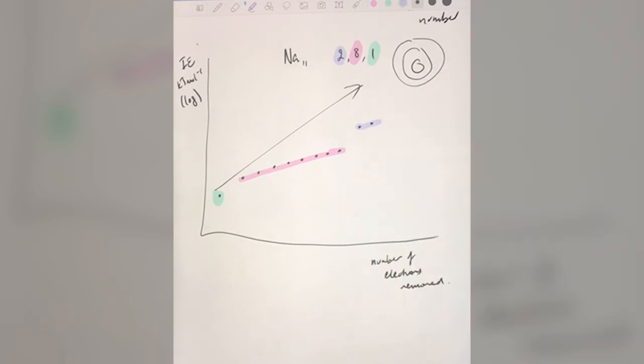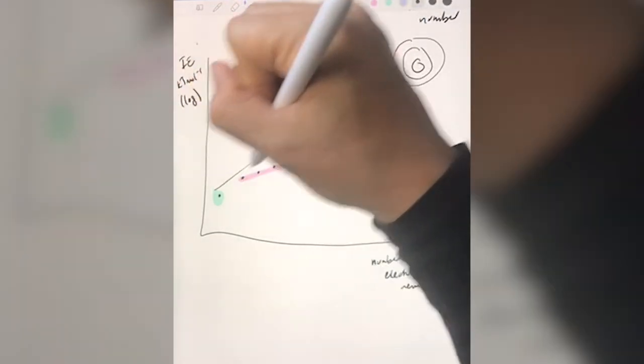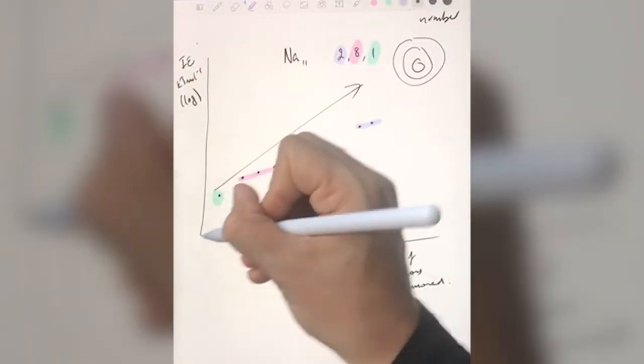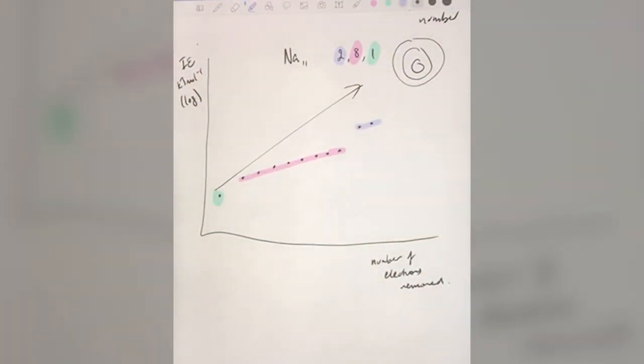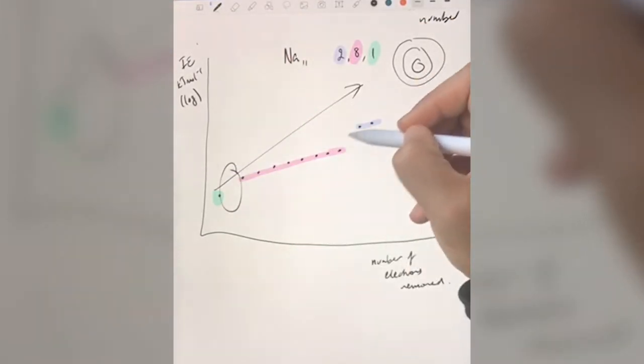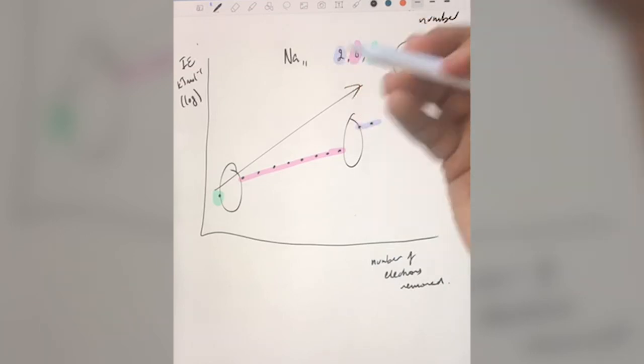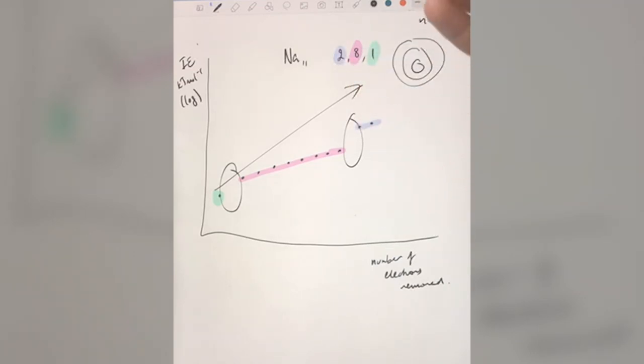So successive ionization energies will always increase, and they normally increase in this way on a log scale, so these are actually going much, much higher. We see significant jumps where there's a new shell, or where an electron is being removed from a shell that's closer to the nucleus.